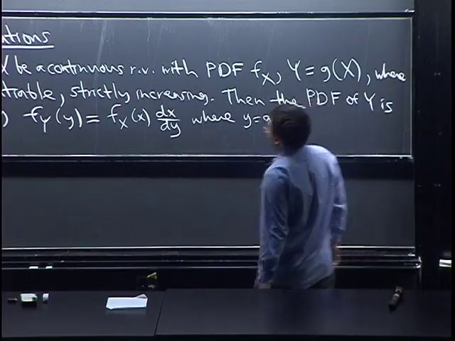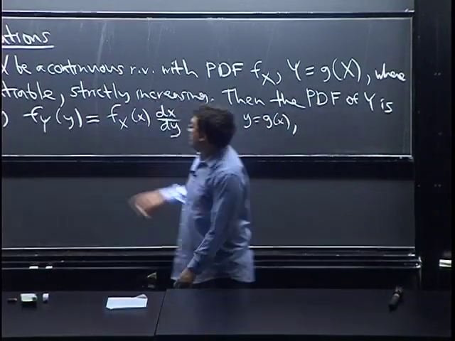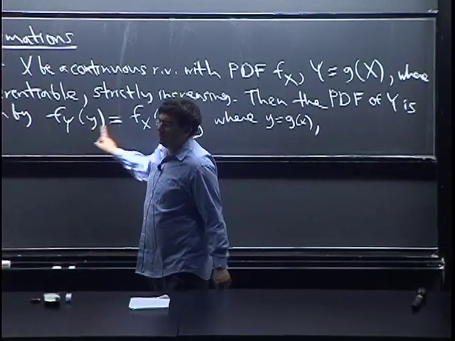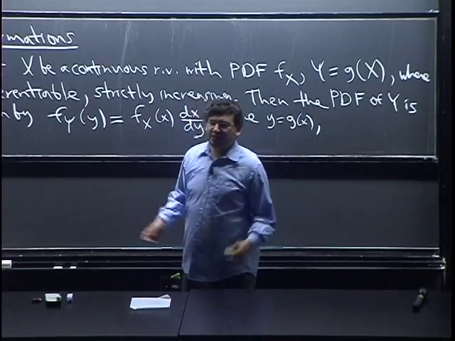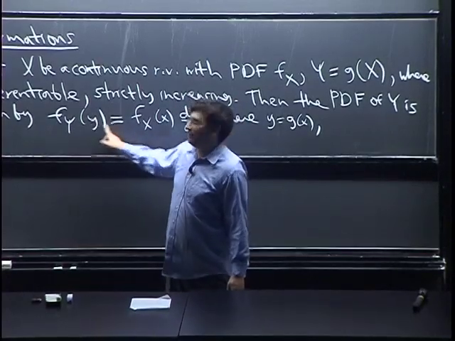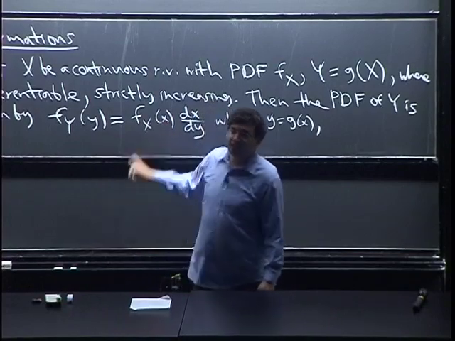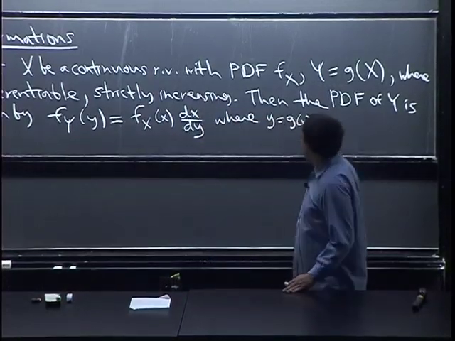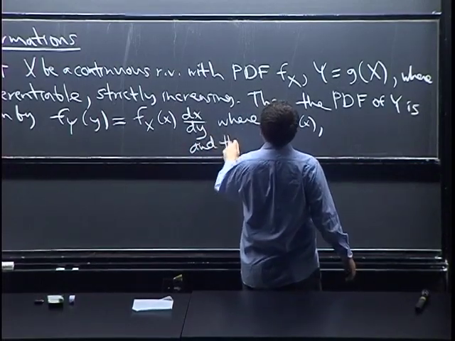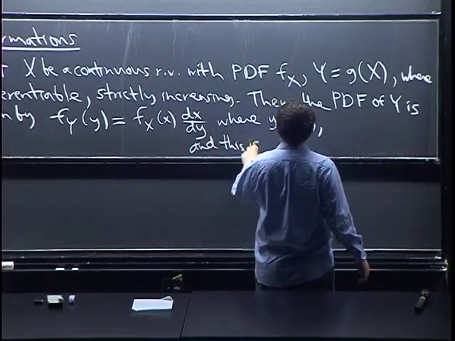And now this looks a little bit strange because this is a function of y and this is a function of x. And if I ask you for the PDF of Y, I'm hoping you'll give me a function of little y, and if you just write this down, you have a function of little x. So the interpretation of this is that everything is then written in terms of little y.